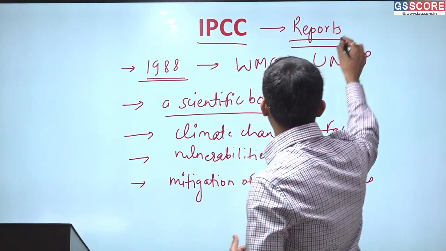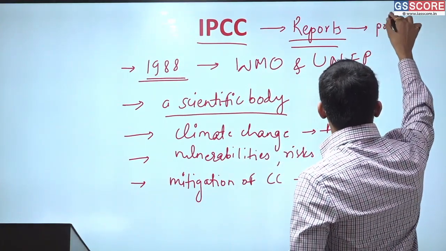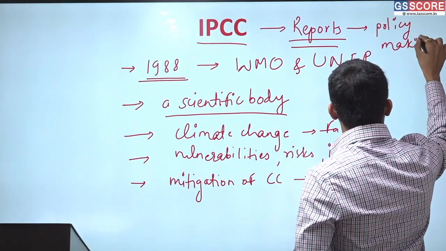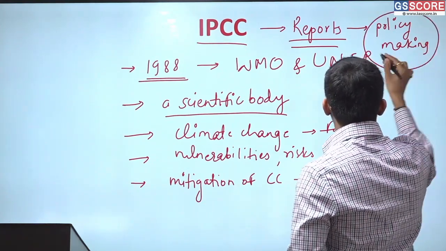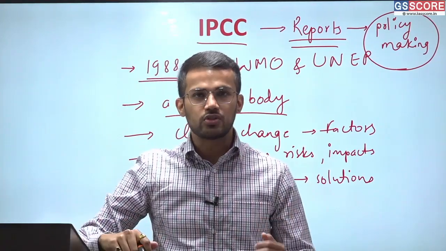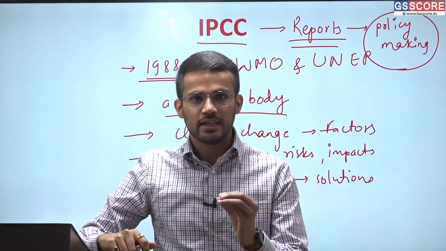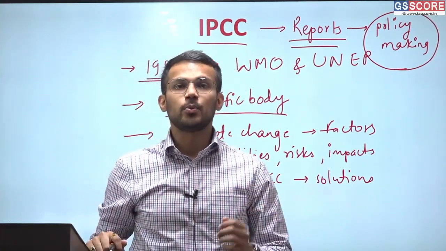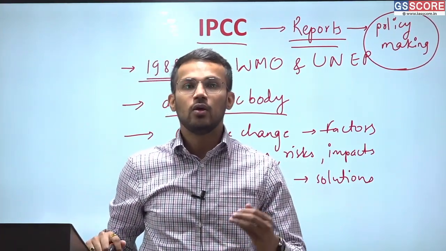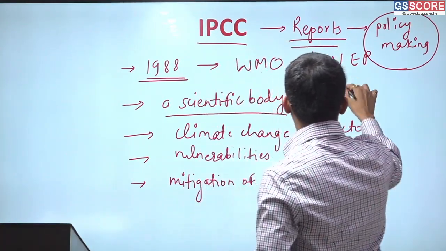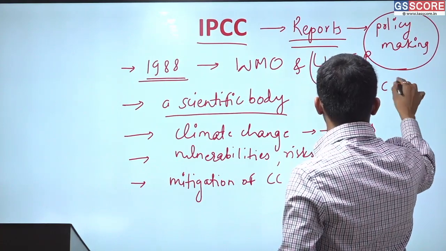These reports help in policy making. Various government organizations and departments use these reports for policies in their territorial jurisdictions. Moreover, these reports are also helpful for the negotiations under UNFCCC.